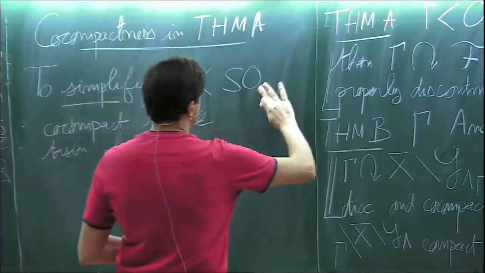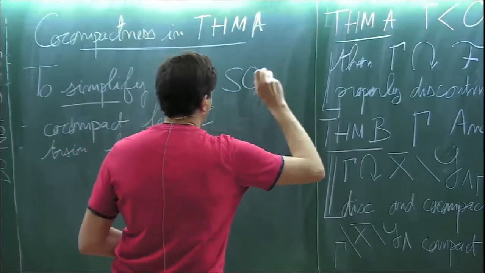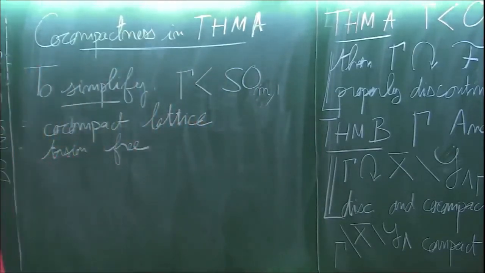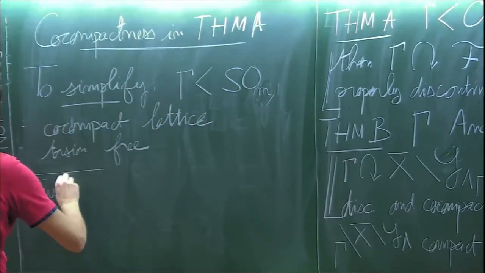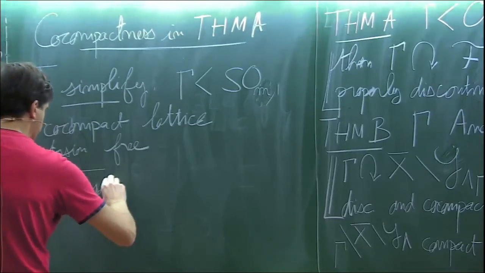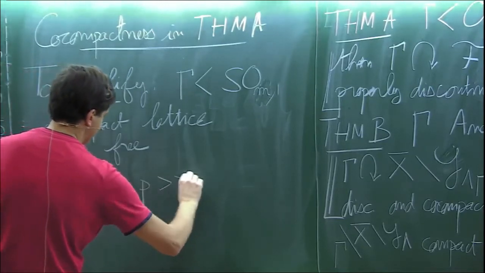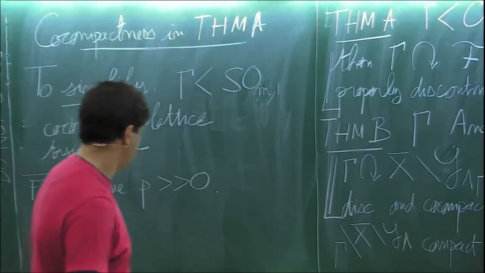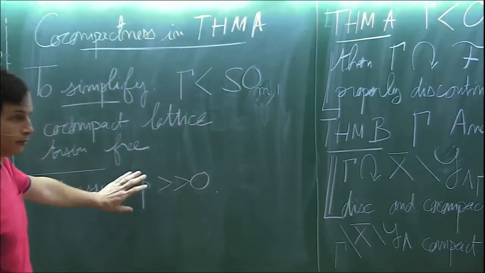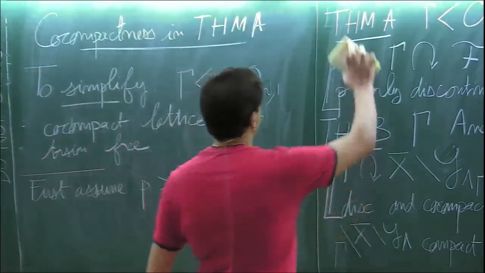So I will not put P here, M will be better. And we'll first assume that P is very big. I will be able to say later what I mean here, and the last step will be to remove this assumption on P.